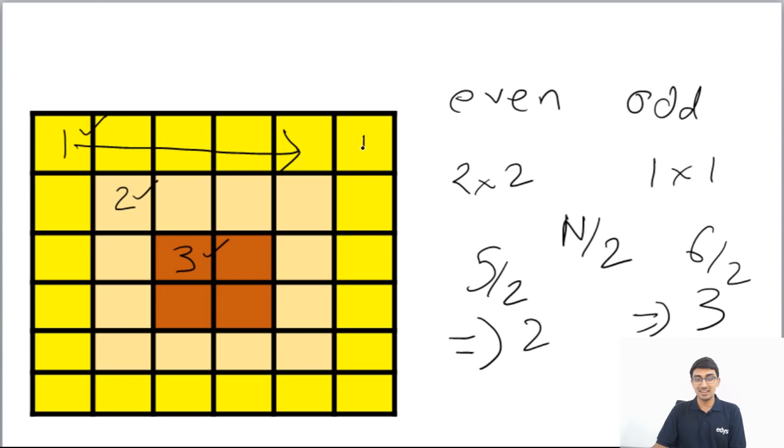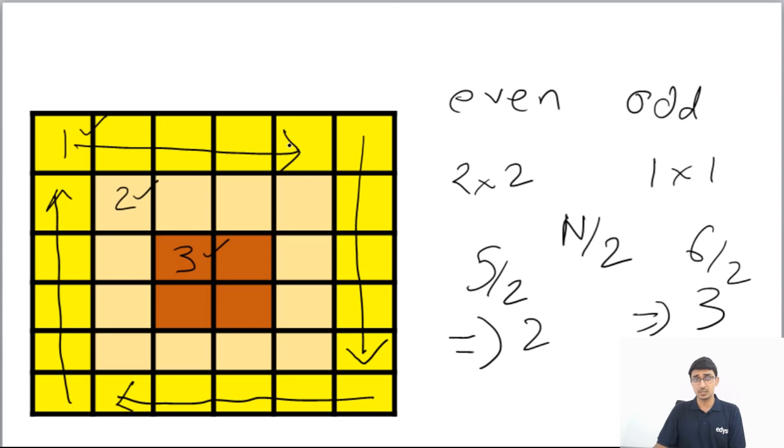Then we'll print the last column just till here. Then we'll print the last row all the way till here. And then we'll print the first column all the way till here, because this part we had already printed. So at any given square, we'll first print the first row, that is nothing but the top row.